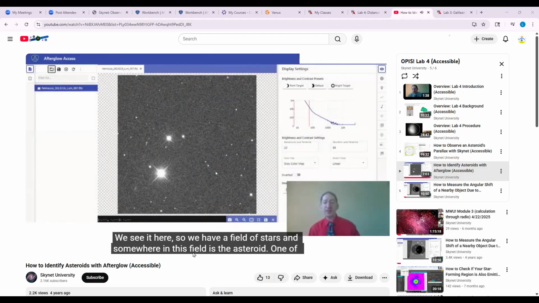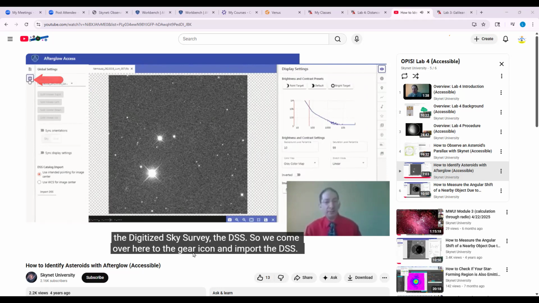We see it here. We have a field of stars, and somewhere in this field is the asteroid. One of these points of light is the asteroid. To figure out which one, we're going to open the Digitized Sky Survey, the DSS. We come over here to the gear icon and import the DSS.